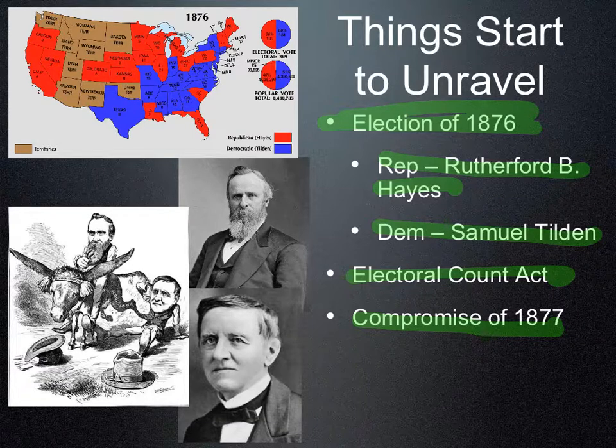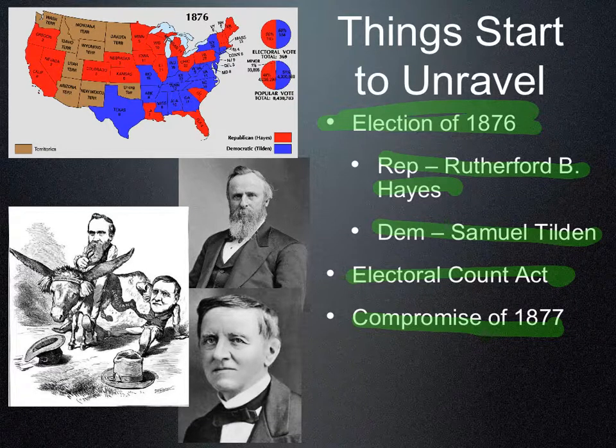Well, even after new governments were elected, the new governments liked having the soldiers around. It made them feel safe. It kept the KKK in check. Okay? The Democrats will agree to Hayes being president if the Republicans pull the remaining troops out of the South. And particularly, if you look at the map here, in Louisiana, Florida, and South Carolina.